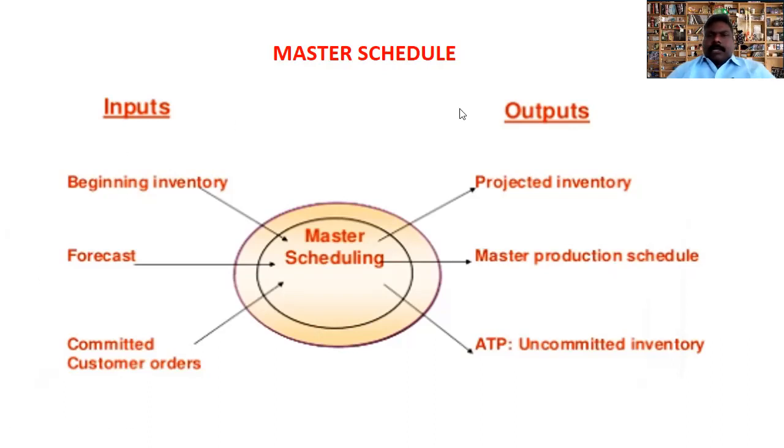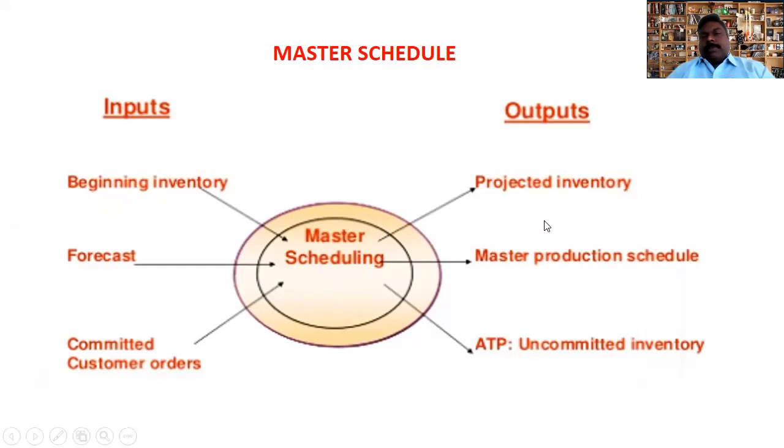So here, this is forecasting the demand and committed customers. Some people have sent an advance of 25% of the amount and they have ordered. Likewise, I have booked a vehicle and I have paid some amount. So I am a committed customer that surely I am going to buy that product. So these three are the inputs. Master scheduling will be done here.